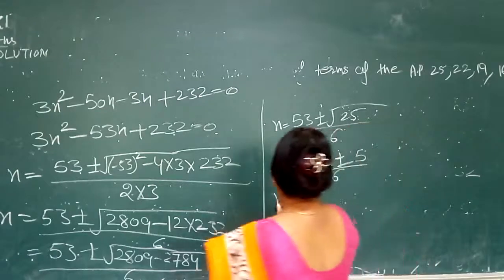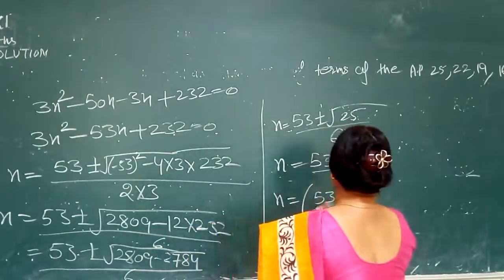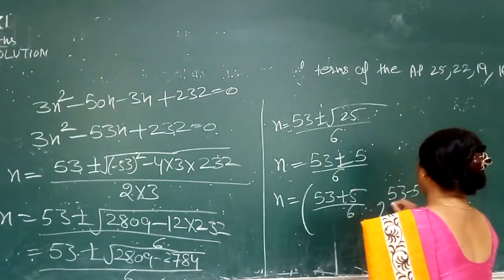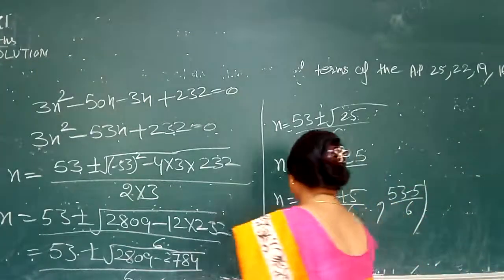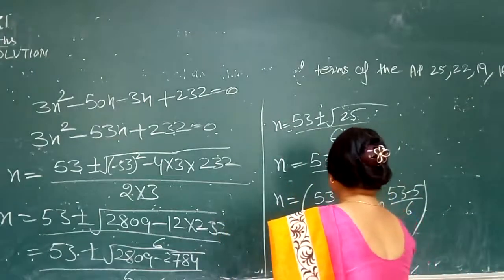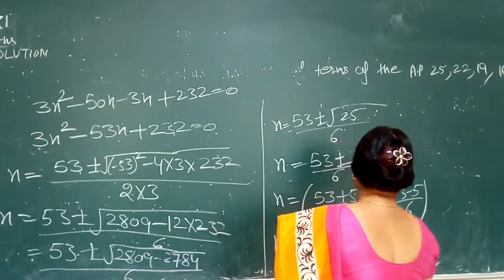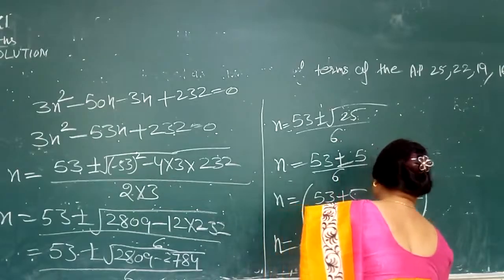Now n is equal to 53 plus 5 upon 6, and the second term 53 minus 5 upon 6. So it is coming 58 upon 6, and the second term 48 upon 6.